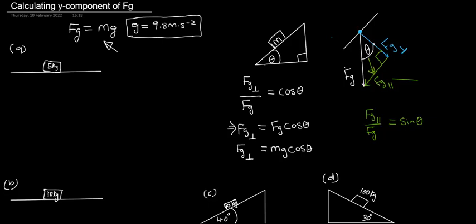So we can conclude here as well that Fg parallel equals Fg sine of the angle theta, which is basically mass times gravitational acceleration times sine of the angle theta.